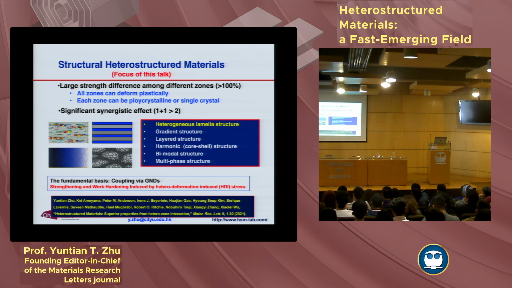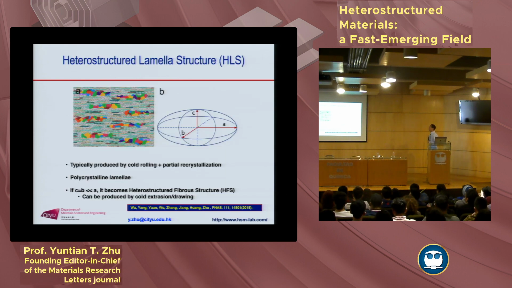Okay? So you can see this is very diverse. And depending on what you are working on, you can easily work on this. You can use ball milling, you can use rolling, you can use whatever you have in your laboratory. It's easy. Here I'd like to deliberate a little bit more on what's the typical heterostructures. One is called the heterostructured lamella structure.